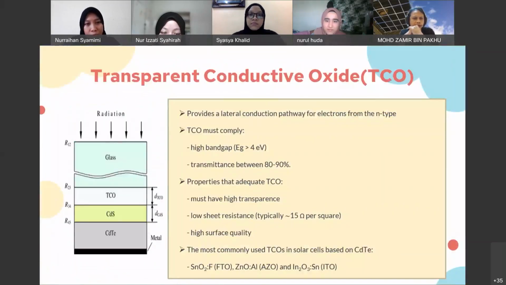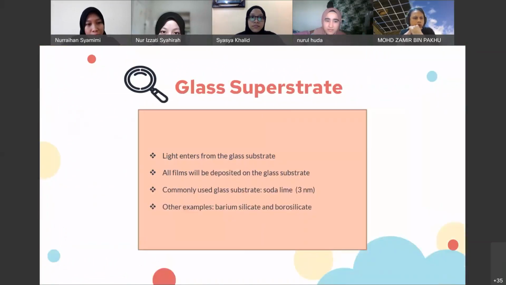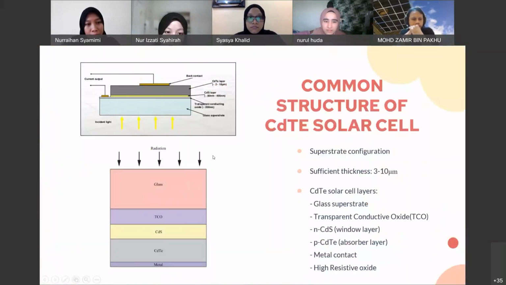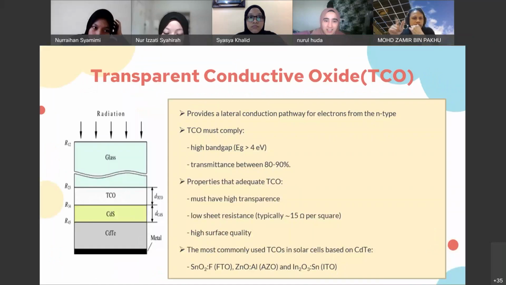Where do you have the copper in the device? In the metal contact, yes. Can you go to the slide where you show every single layer? Metal contact slide.